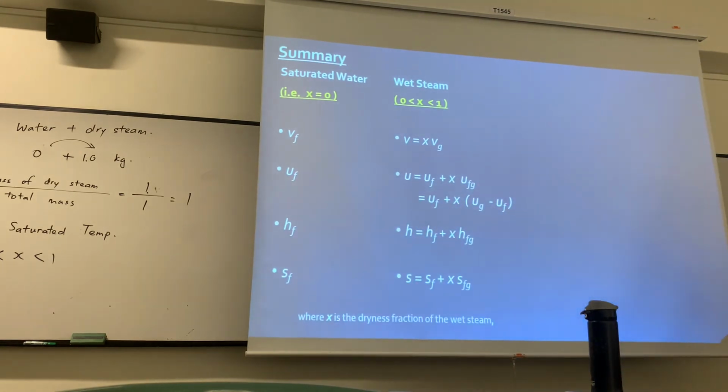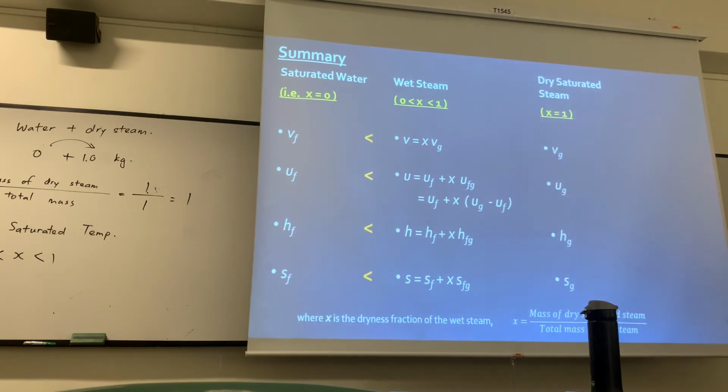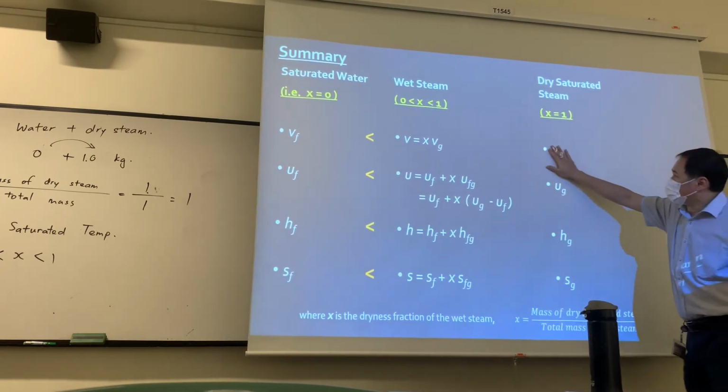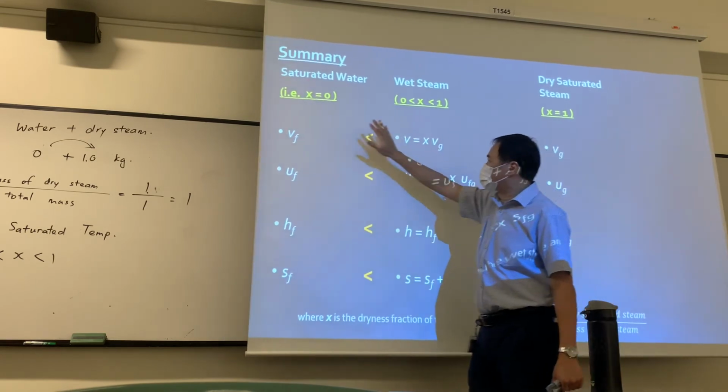Then for dry steam, all the G values, Vg, Ug, Hg. So this value will be larger than this value. This value is also larger than this value.